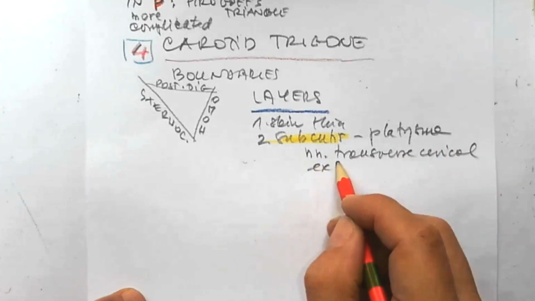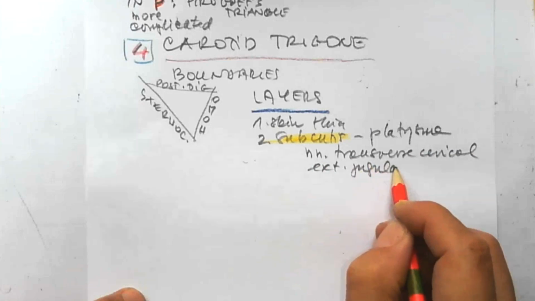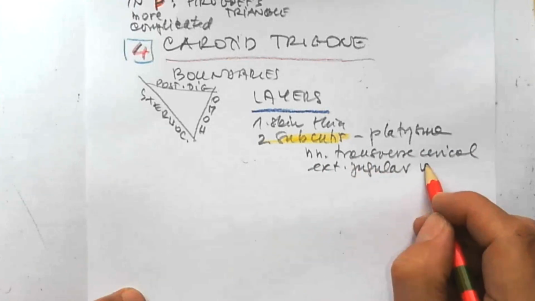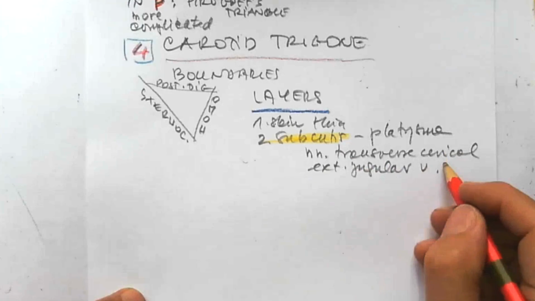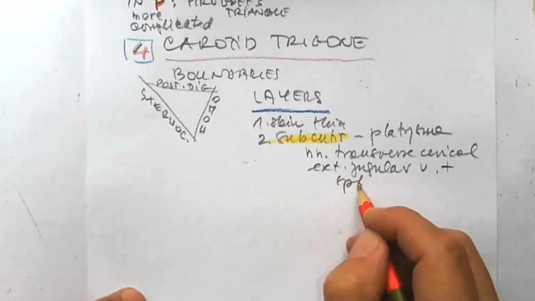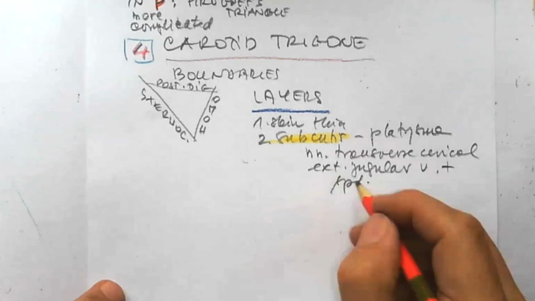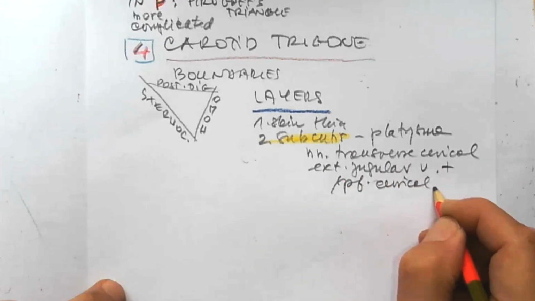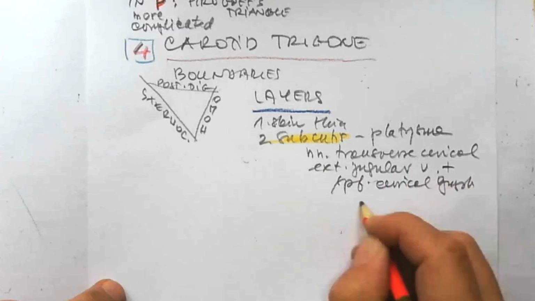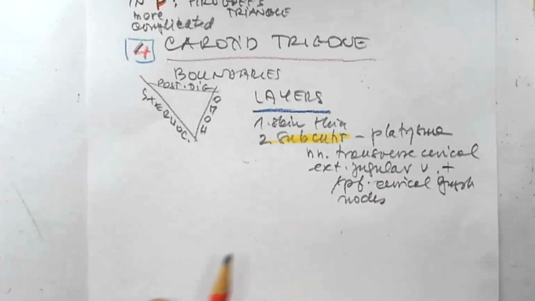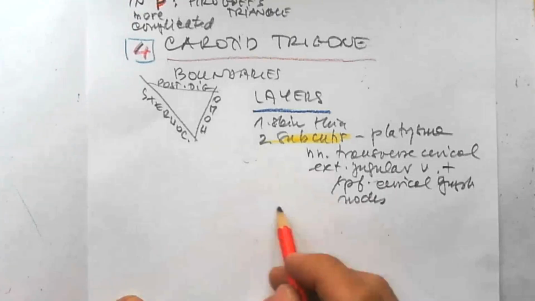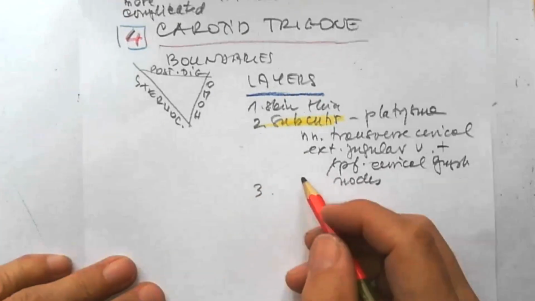Then the external jugular vein, as usual, is followed by superficial cervical lymph nodes. Correct.